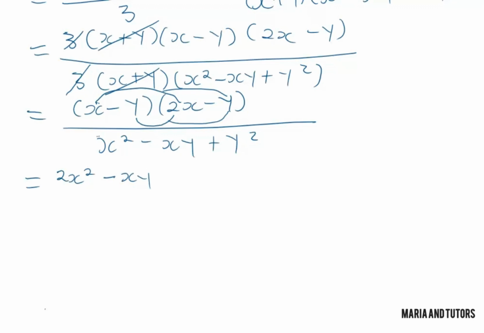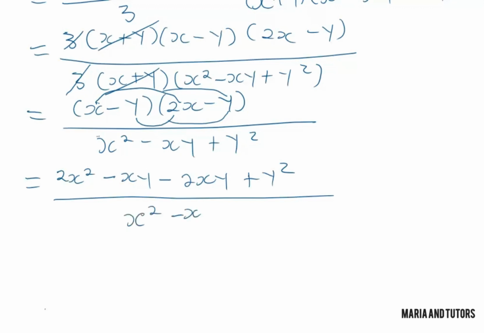So we have negative y multiplied by 2x, which is negative 2xy. Then negative y multiplied by negative y gives us what? Positive y². So this should be divided by x² − xy + y².